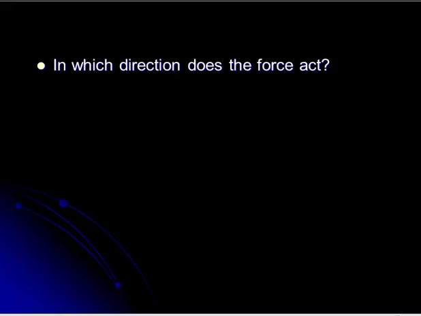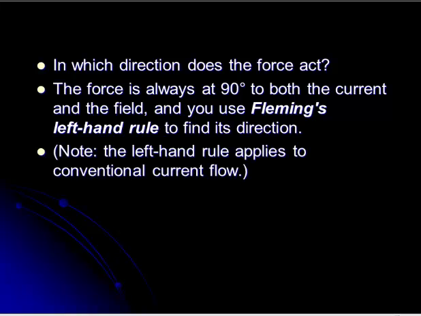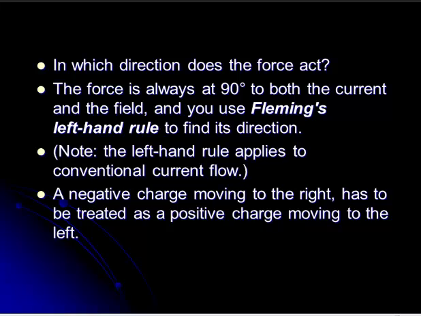If we consider which direction the force is going to act, the force is always at 90 degrees to both the current and the field, using Fleming's left-hand rule. But as this is conventional current, for a negative charge moving to the right, it has to be treated as a positive charge moving to the left.